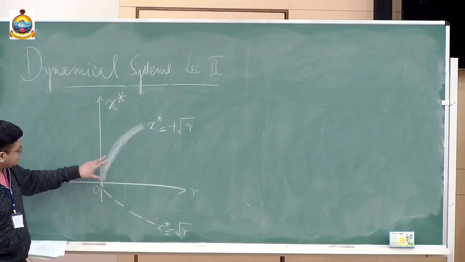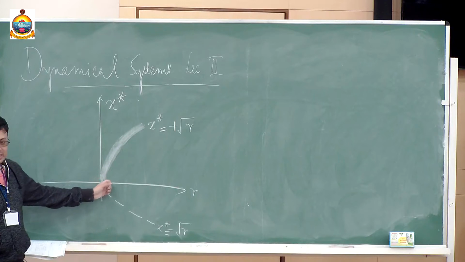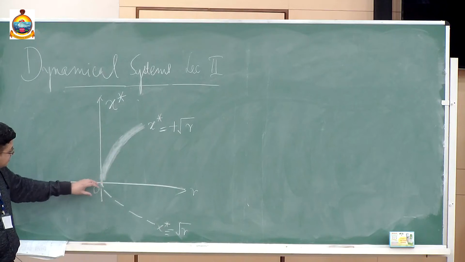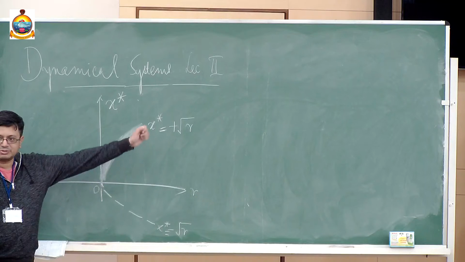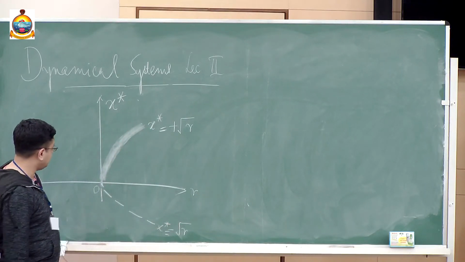So you have two fixed points. They get created out of nowhere because there are no fixed points for r less than 0. There is a fixed point which is half stable at r equal to 0, and they split apart, and then there is one stable branch and one unstable branch.